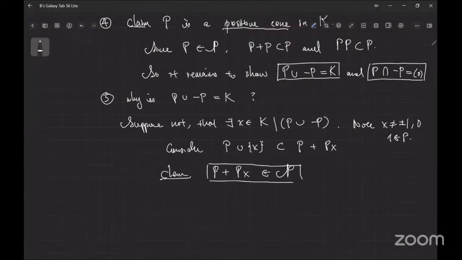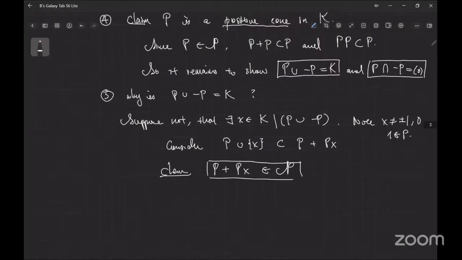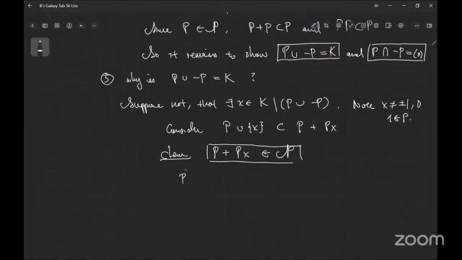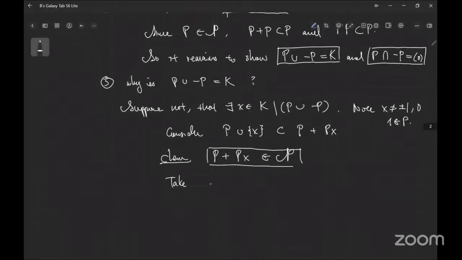Well, to show this, A: is it closed under sum? Let's take two elements, P plus QX and P prime plus Q prime X, with P, Q, P prime, Q prime all in P. So take these two elements.